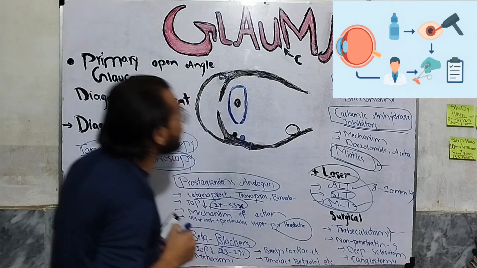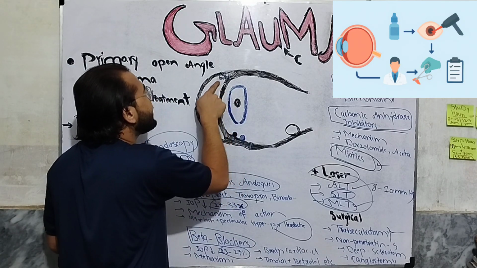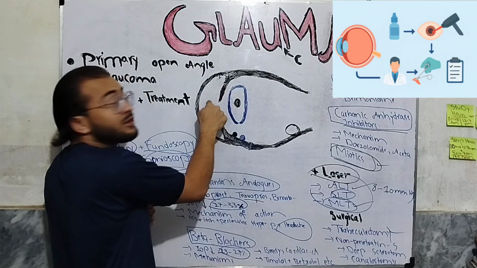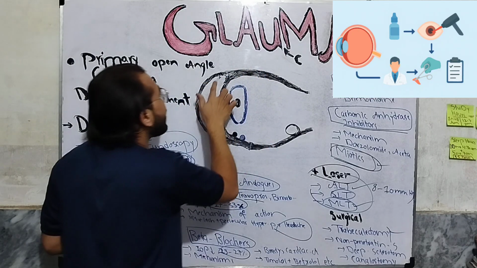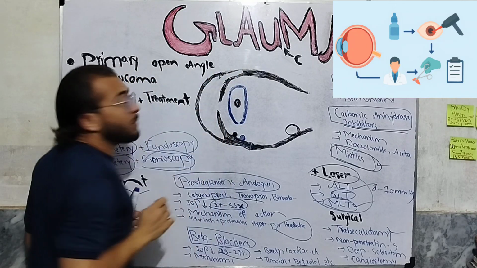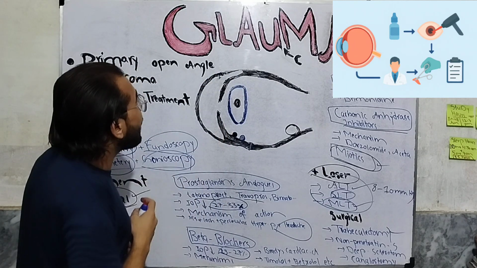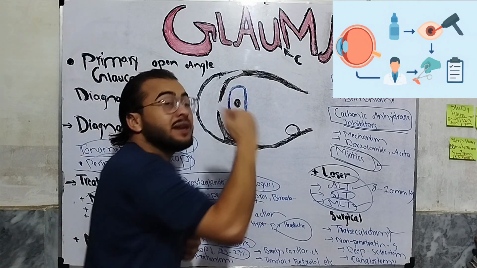In trabeculectomy, what are we doing? We are connecting this anterior chamber to the subconjunctival or subtenon space, okay? And we are doing another thing. We are also doing iridectomy.